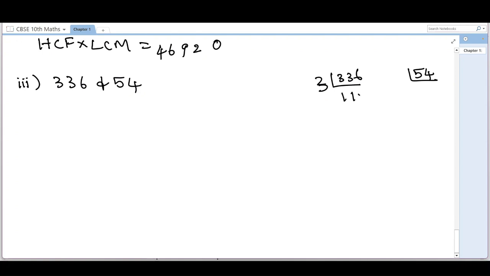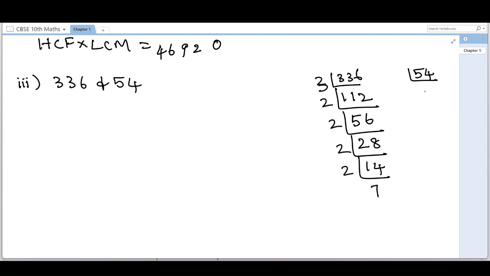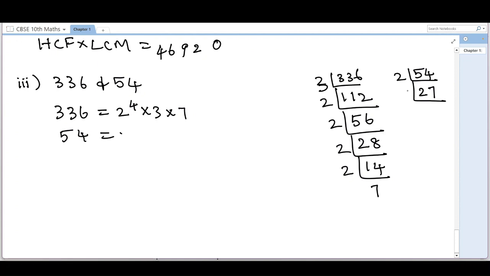start with 3, 1, 1, 2, then 2, 5, 6. So thus we can write 336 as 2 power 4 into 3 into 7, and 54 as, still we can write 3, 9 and again 3, 3.